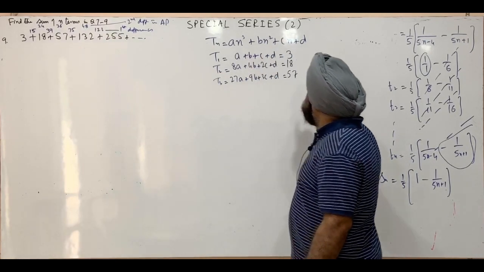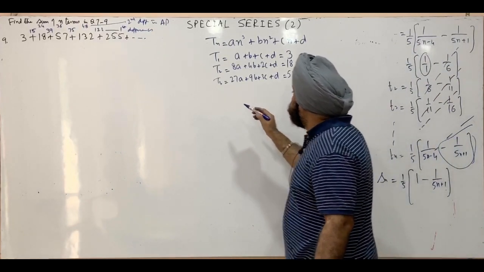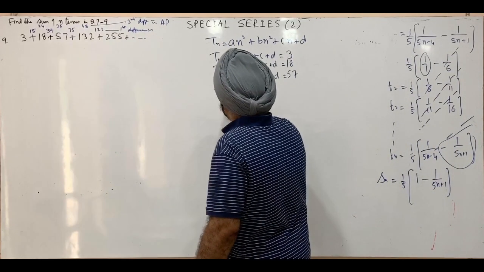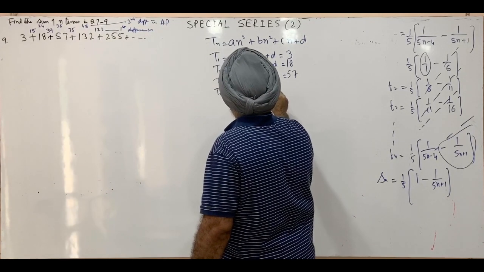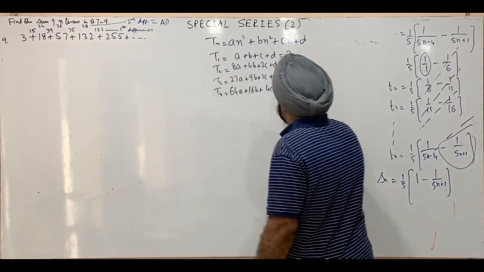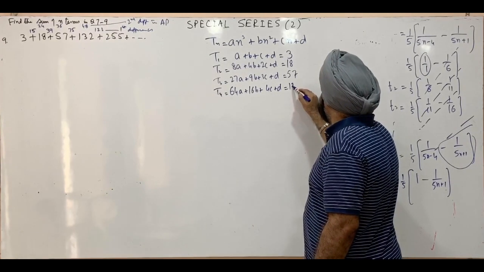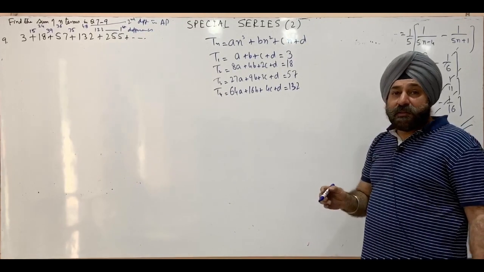Since there are a, b, c, d, 4 unknowns, we need 4 equations. These are 3 equations. The fourth equation is 64a plus 16b plus 4c plus d. The fourth term is 132. So how do we solve for a, b and c?